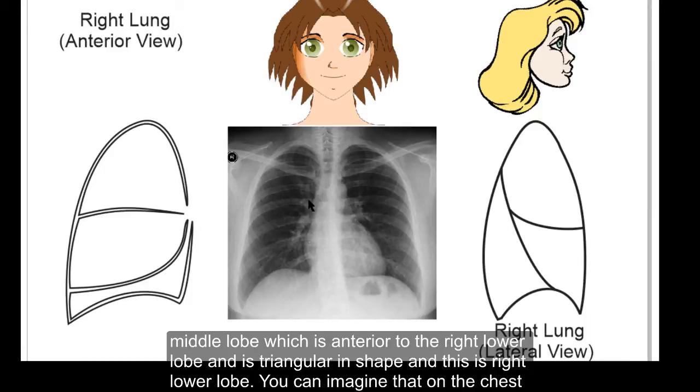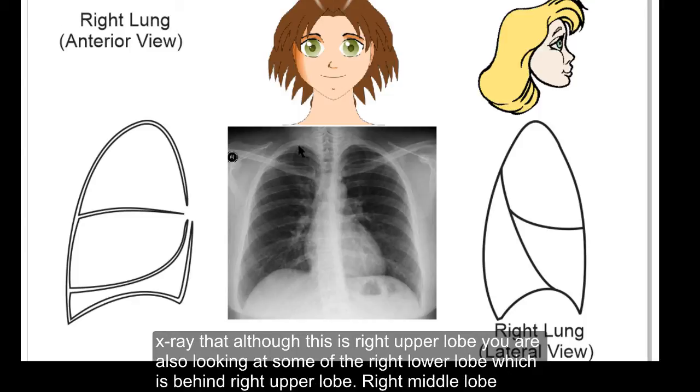You can imagine on chest X-ray that although this is the right upper lobe, you're also looking at some of the right lower lobe, which is behind the right upper lobe. So this is the right upper lobe, but this is the area where you should expect to see some of the right lower lobe.